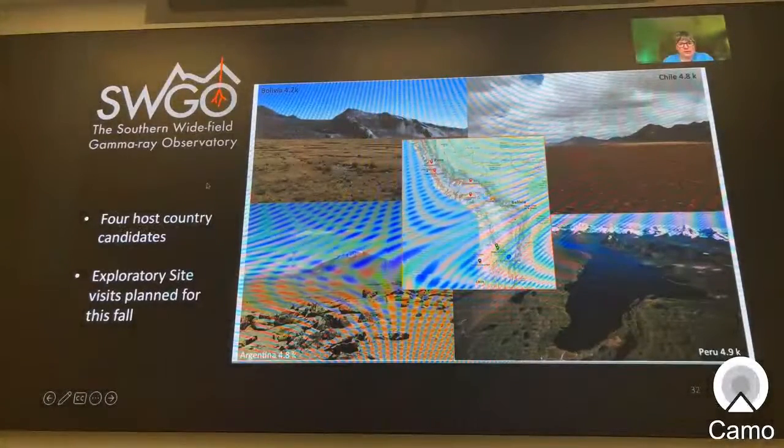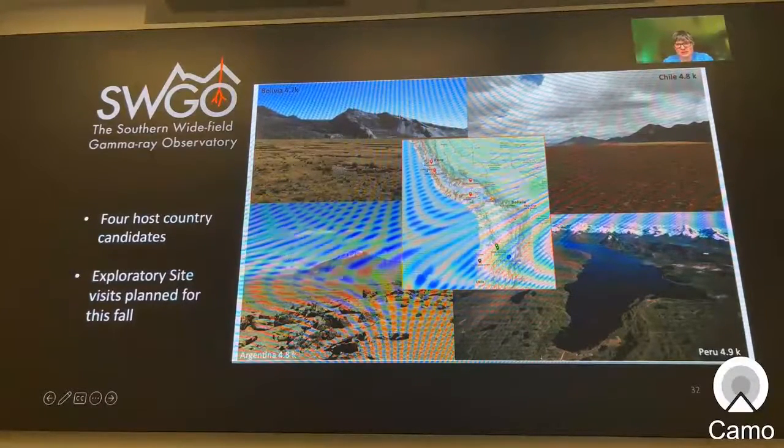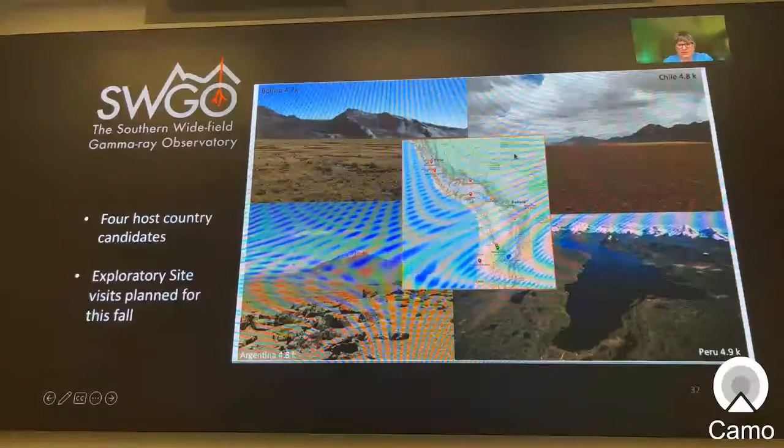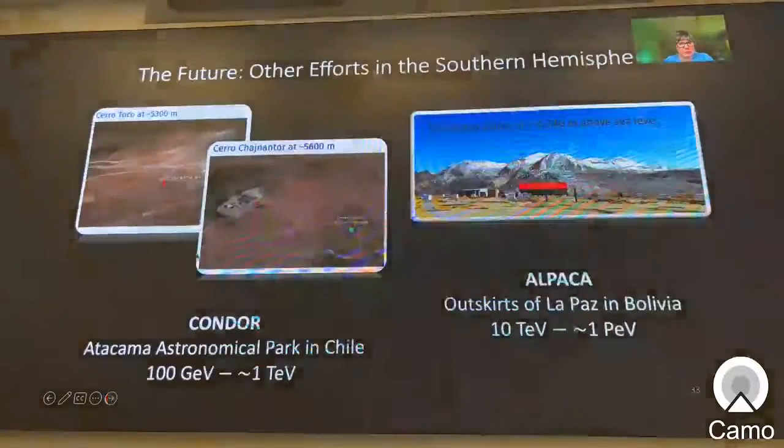Currently four country candidates are being explored: Bolivia, Chile, Argentina, and Peru. And there are a different number of sites in each of these: one site in Bolivia, for example, one in Chile, two sites each in Argentina, and three sites in Peru.